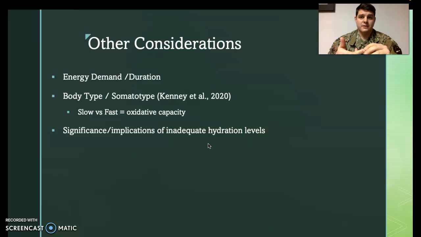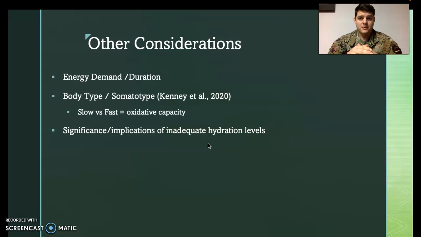And if you're looking for more long distance endurance type exercise, it's going to be more towards the fat. That's where the energy is going to be pulled from, and the body would take the proportion of those. Again, like I said before, the body type and somatotypes, Kinney et al. 2020, slow versus fast twitch muscle fibers, and the body's overall effectiveness at oxidative capacity.